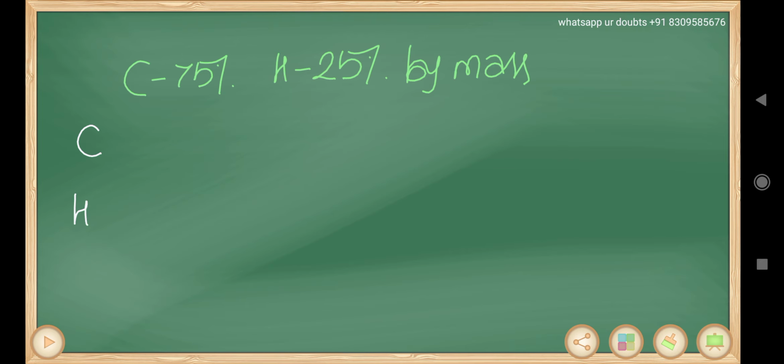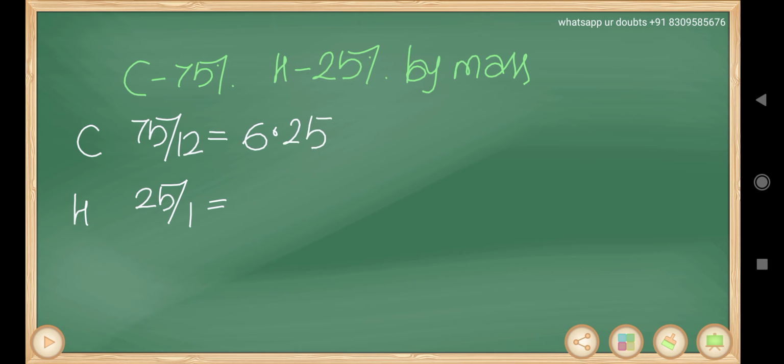Carbon 75%, hydrogen 25% by mass. See carefully. Carbon: 75 by 12, hydrogen: 25 by 1, which is hydrogen's atomic mass. It is 6.25, and this is 25. First step, we have calculated the number of moles.